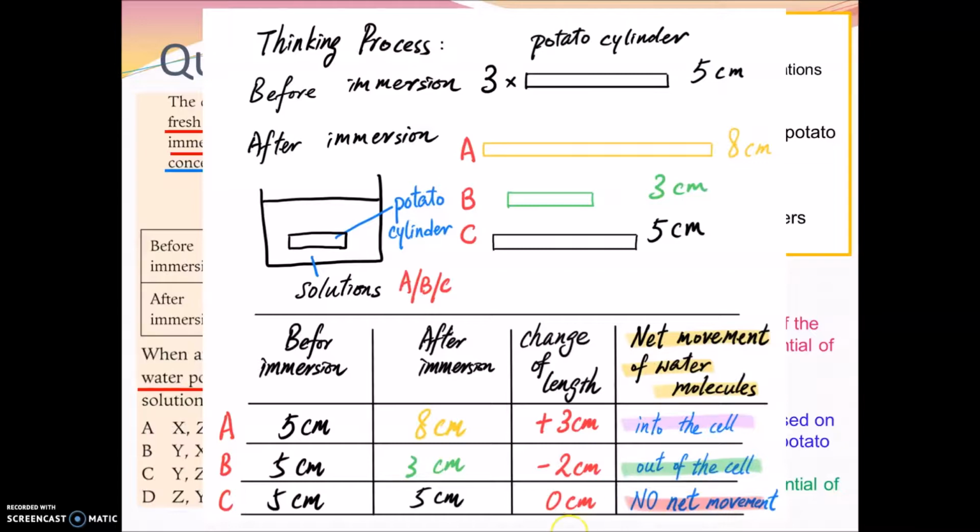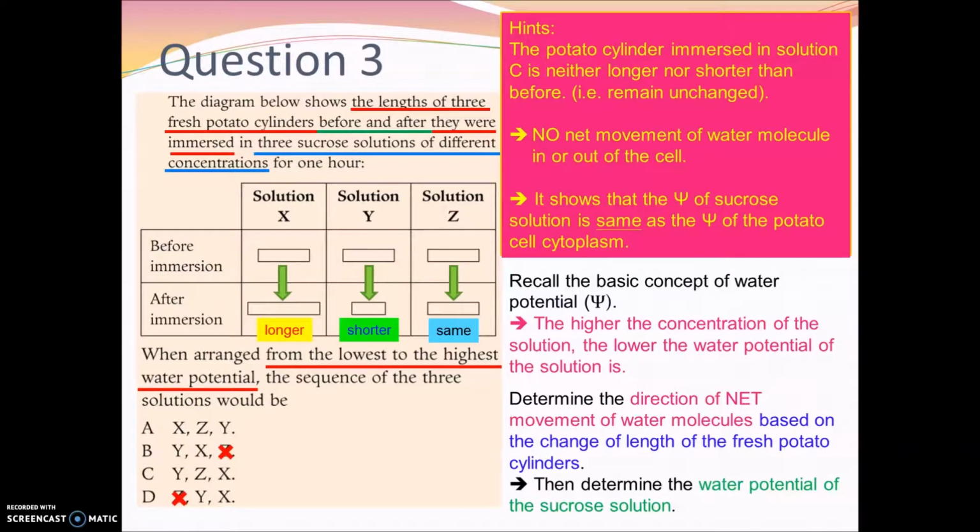And for solution C, there is no change, because there is still movement of water molecules. Some water molecules go in, some go out, but there is no net movement of water molecules in or out of the potato cells. At least you get this idea. I use solution C as the example, just like solution Z. The potato cylinder immersed in solution C or solution Z is neither longer nor shorter than before, that means it remains unchanged.